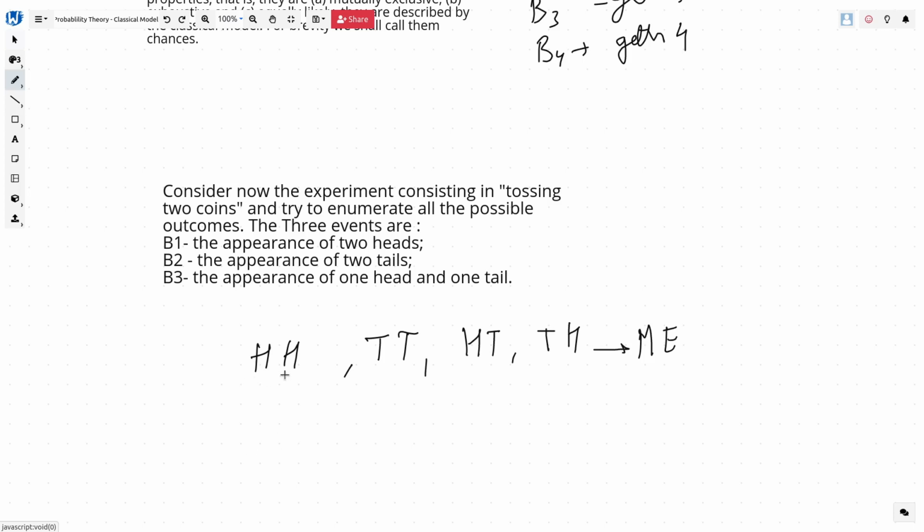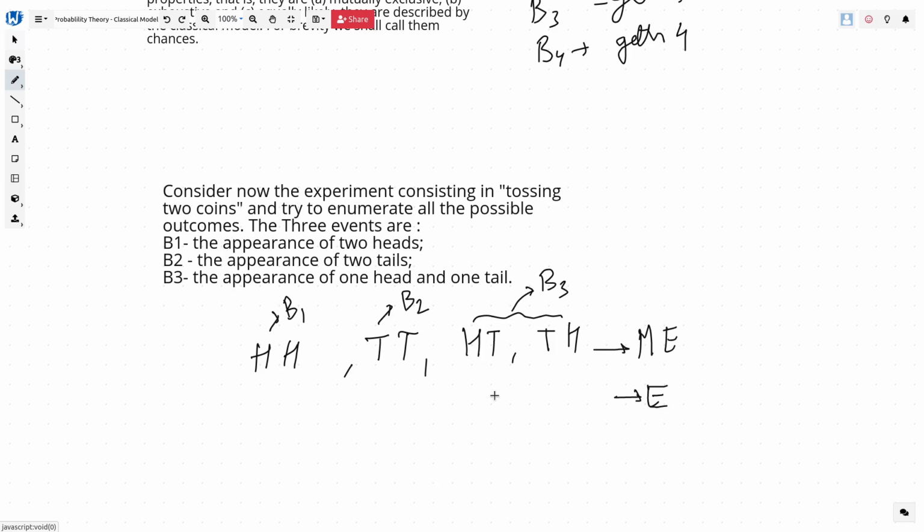These are the only possible outcomes: this is our B1, this is our B2 and this is our B3, right? Apart from B1, B2, B3 there is no way you will get another outcome. So these are completely exhaustive, right?